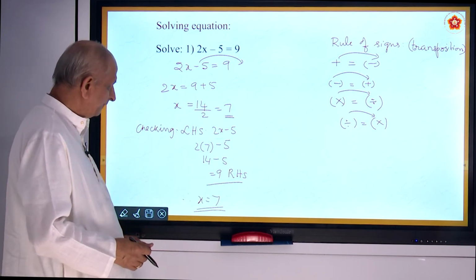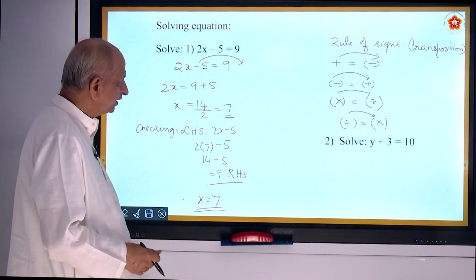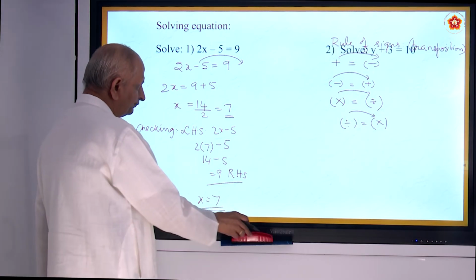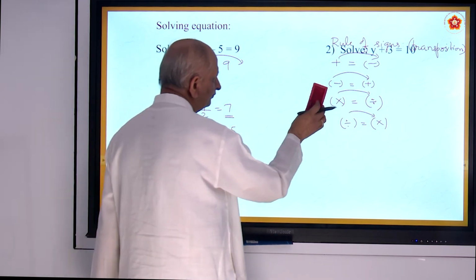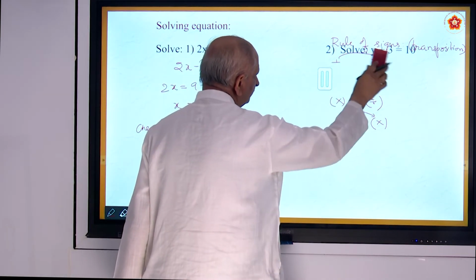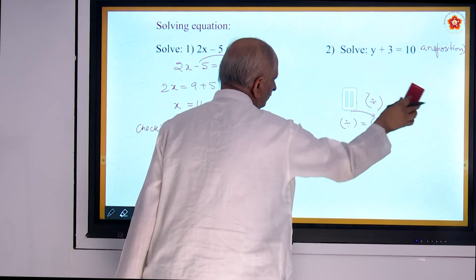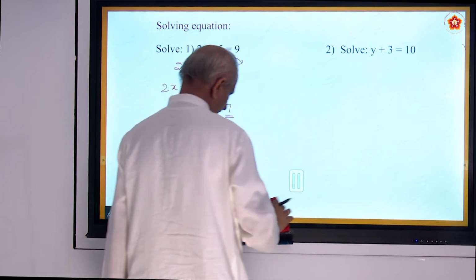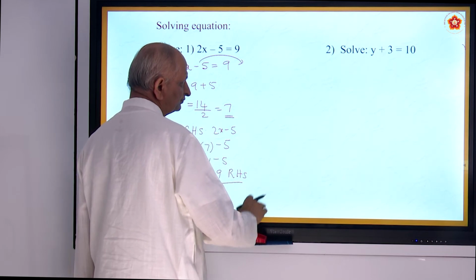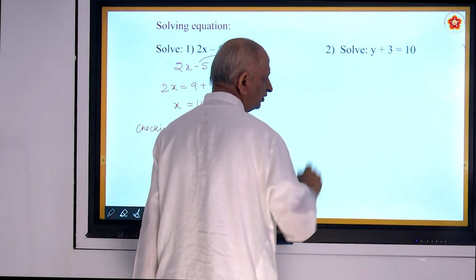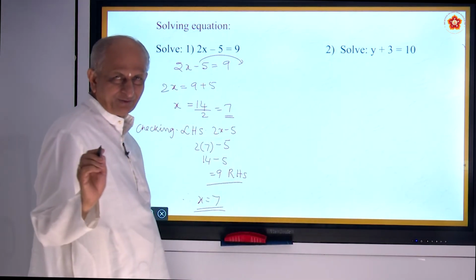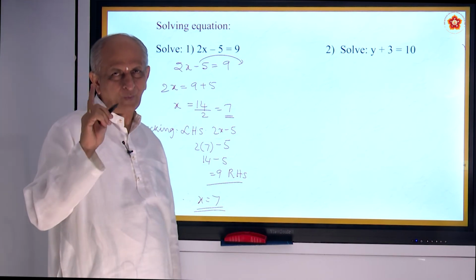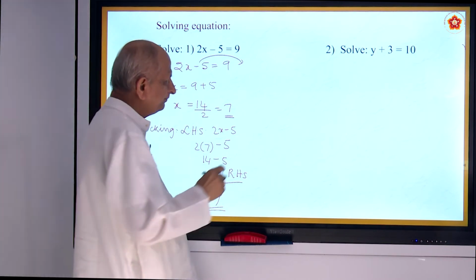Now we will pass on to one more question. Solve y plus 3 is equal to 10. Again use the rule of signs. Here which is unknown? Y is unknown. What is the degree? 1. How to do it?